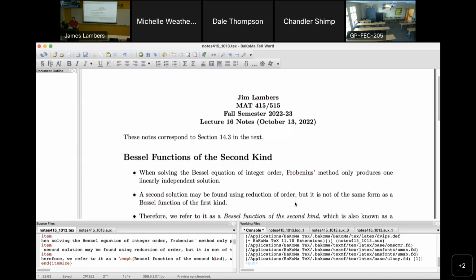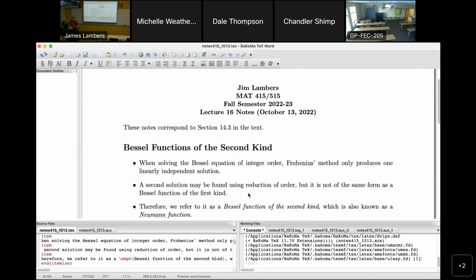Now we have seen a way of getting a second linearly independent solution, and that is by reduction of order. Unlike the non-integer case where you get J sub nu and J sub minus nu, your second solution in the integer order case is of a very different form. We're going to call that a Bessel function of the second kind, as opposed to function J n, which is a Bessel function of the first kind.